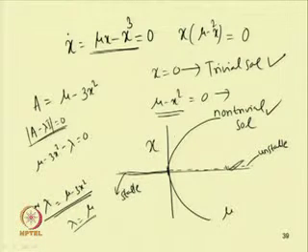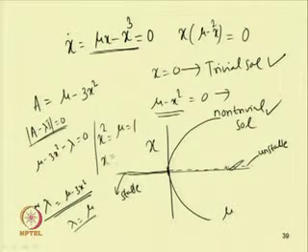So, let us take mu equal to 1. If mu equal to 1, we will have x square equal to mu, or this is equal to 1. So, x becomes plus minus 1. So, we have x equal to plus minus 1. Let us consider the plus, which corresponds to x equal to 1.